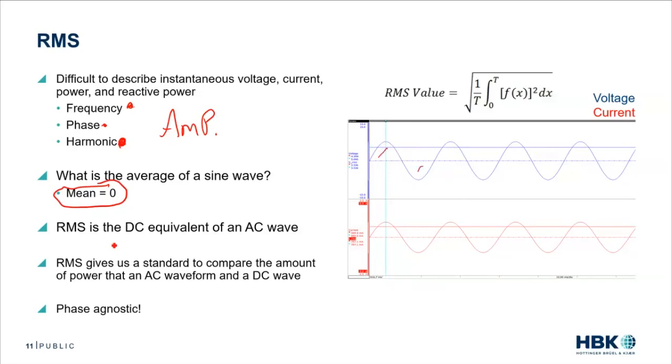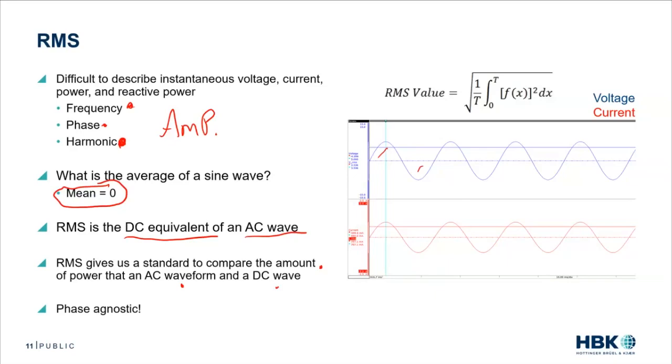And what RMS ends up being in a sine wave is the DC equivalent of an AC wave. And this is pretty cool because this gives us a standard method to compare the amount of power that an AC waveform or DC waveform contains. Or for that matter, it gives us a way to describe the amount of power that a high harmonic wave and a low harmonic wave have.